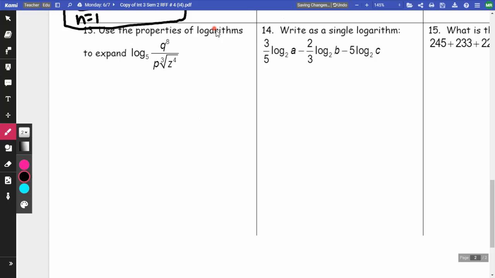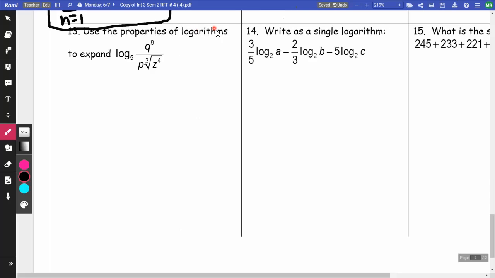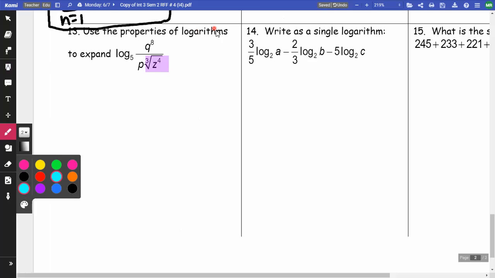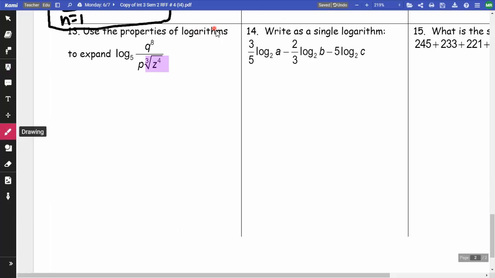On number 13, properties of logarithms. So real quick, this right here, I am going to rewrite. That is going to be z to the 4/3.